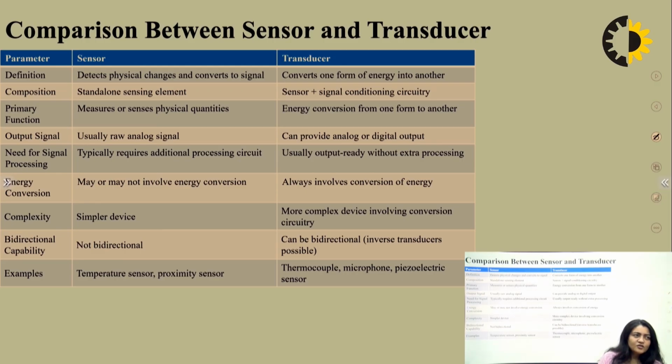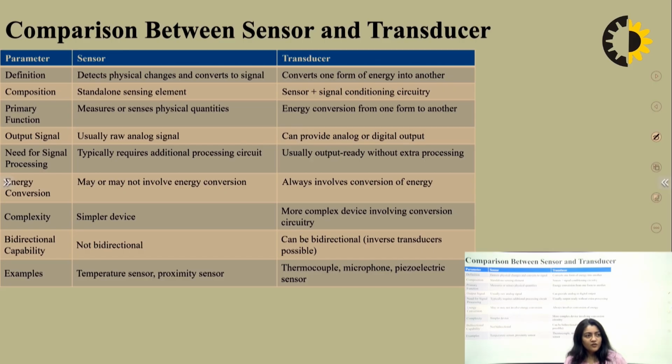If we go by the definition, a sensor detects a physical change and converts it to some kind of signal, whether electrical or mechanical. Transducers are defined as devices which convert one form of energy to another form. It is not something like from one electrical parameter to a mechanical parameter.